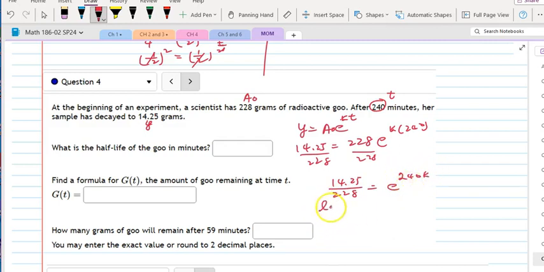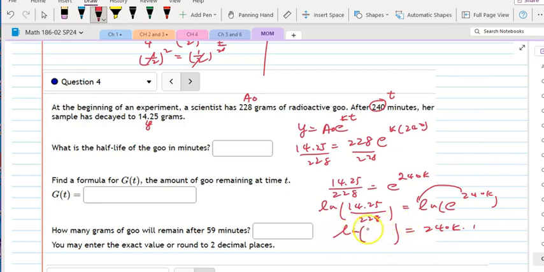So how do I do this? I would take ln of both sides, because I have ln of e to the 240k. But the 240k can now move outside. That's 240k times 1, equal to ln of 14.25 over 228. So k would equal to that.